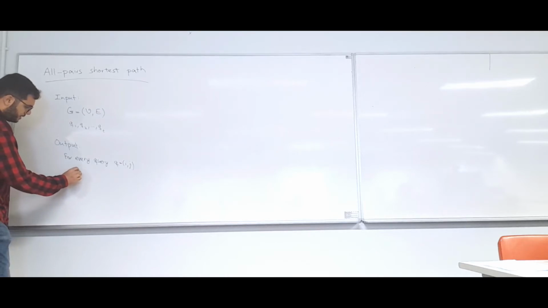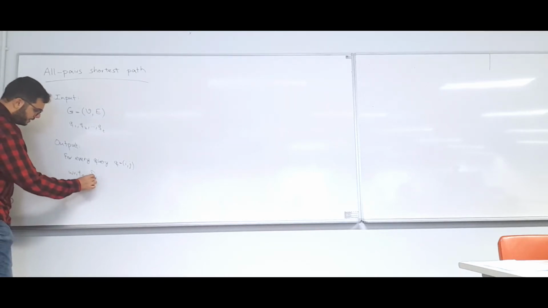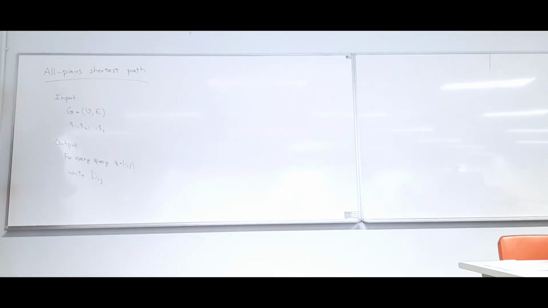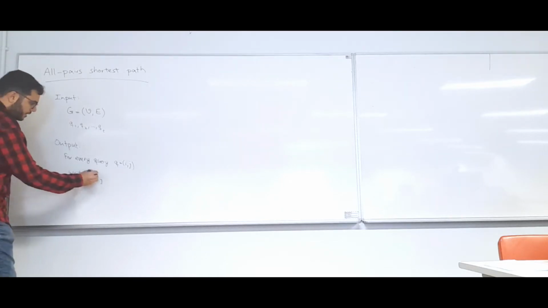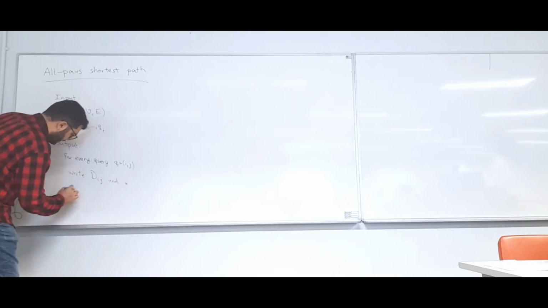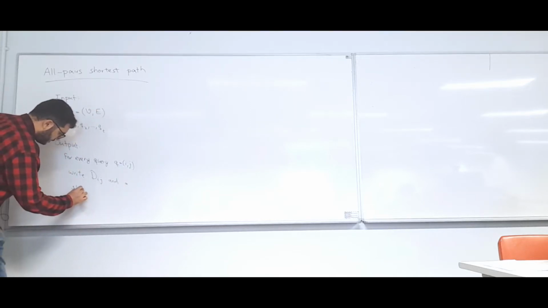So write the, let's call it D, distance from I to J, and also print the shortest path. Or if there are multiple shortest paths, just print one of them. So write Dij and the shortest path from I to J.